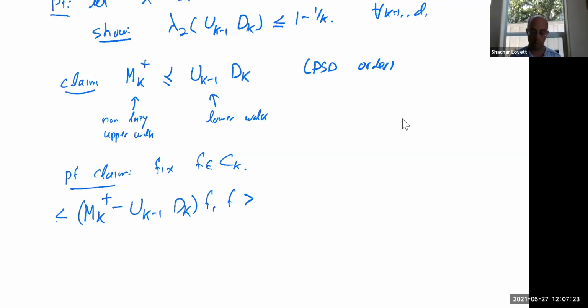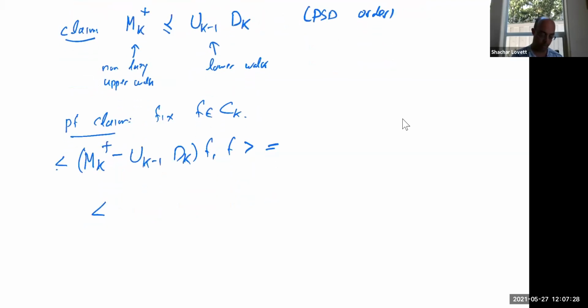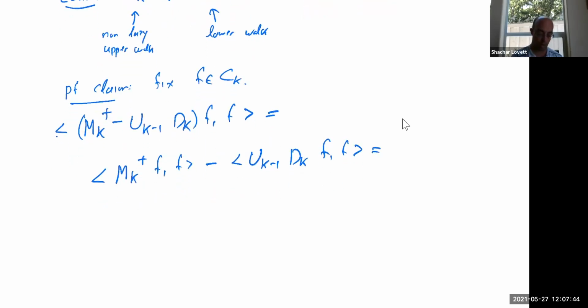Well, we're going to apply Garland. So this is what it will be. We'll just open the parentheses. It's going to be M_k plus f minus U_{k-1} D_k f, f. Right? Just open the parentheses. And now we're going to apply Garland's method. So it's going to be the expectation over faces tau of level k minus 1 of what? Again, this is something we've seen before.